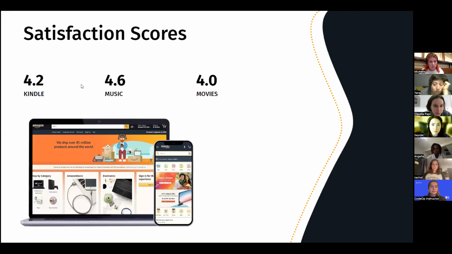For Kindles, the satisfaction went from 0 to 5, 0 the lowest, 5 the highest. So we have Kindle average 4.2, music 4.6, and then movies, which was 4. So relatively high, which means that it looks good on Amazon as well, and its products, because they have a high rating, as you can see.